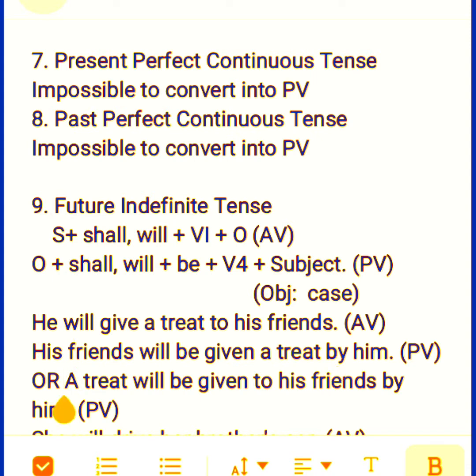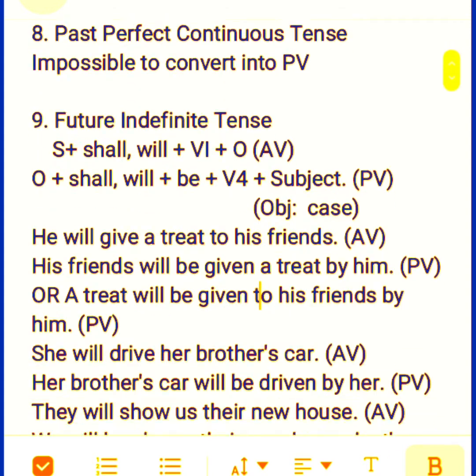But in the second option, a treat will be given to his friends by him. In the first place we have used a treat, that is the direct object, and now look, when we use the direct object, then we use "to" in this sentence.